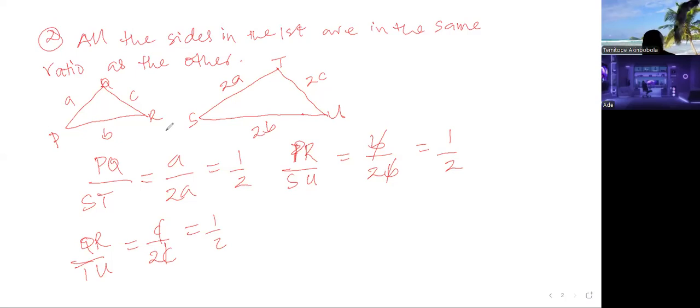Hence, you say that the triangles are similar. So that's what the second condition is saying, that all the sides in the first are in the same ratio as the other. Hope that makes sense to you. Yes, sir. All right, quickly write that before we now see the third condition.